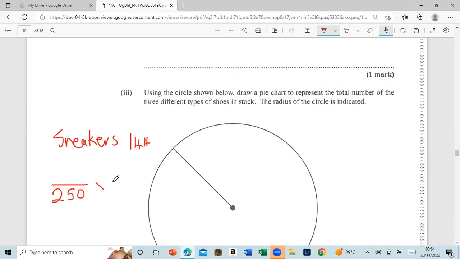Multiply by 360. So put the total number of sandals over 250 and multiply by 360. Same thing for that one. What was the next one again? Shoes? Because I have sneakers, sandals, shoes. Yeah. Put the total shoes over 250 and multiply it by 360. And when you add it up, everything's supposed to come to 360 degrees.